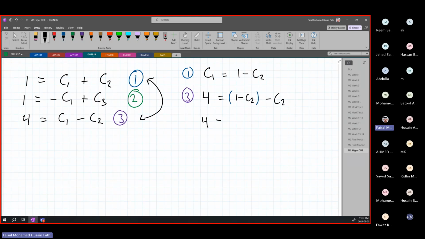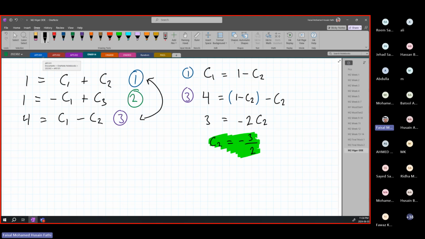So 4 is equal to 1 minus 2C2. Let me take the 1 from here and put it here. So it becomes 3 is equal to negative 2C2. So C2 is equal to negative 3 over 2. And we have found our first value for C, which is C2.